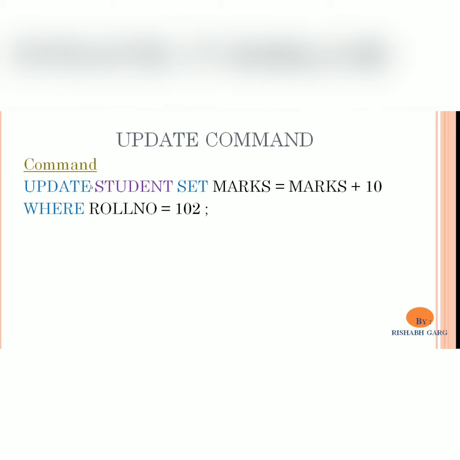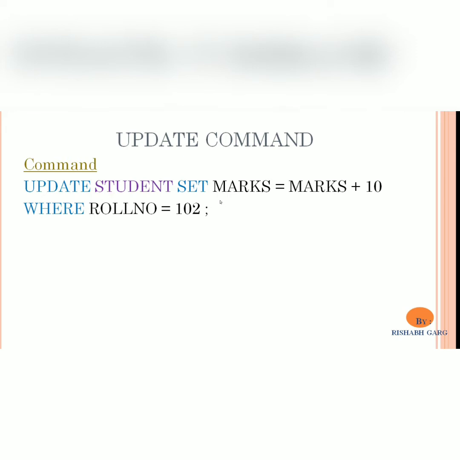First, we will write the update command. After that, we will write the table name, that is student. After that, we will use the set keyword. After that, we will write the column name along with the values in which we want to modify the value. After that, we will write the where clause, and here we will write the condition that is already given in the query.